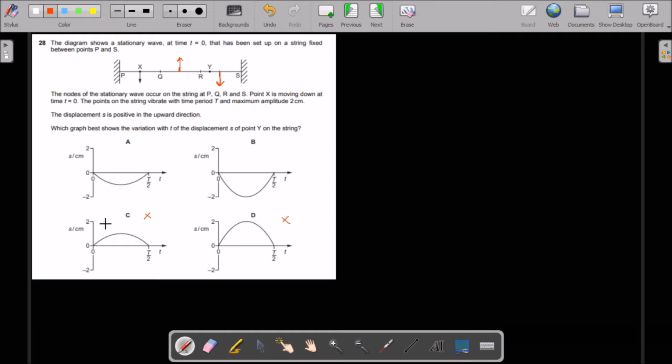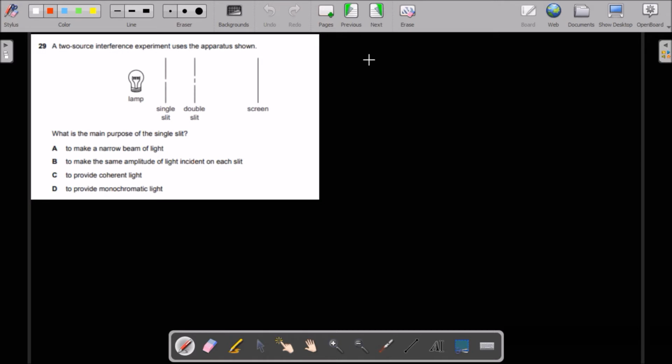We should choose between A and B. And then Y is not exactly in the middle of RS, so Y cannot be exactly an antinode. So amplitude won't reach 2 centimeter. Because of that, A is right. So question 28, A is right.